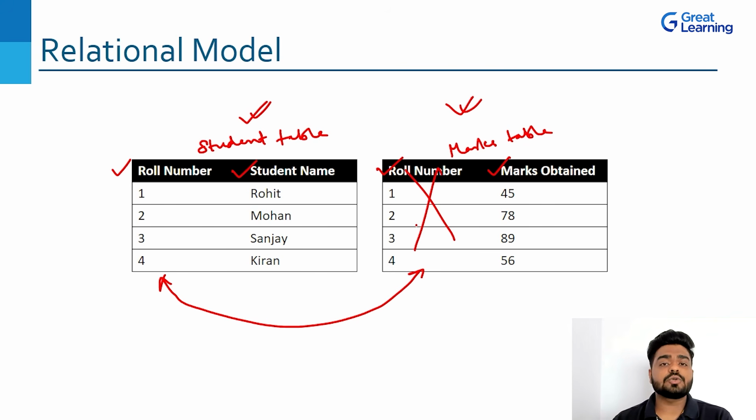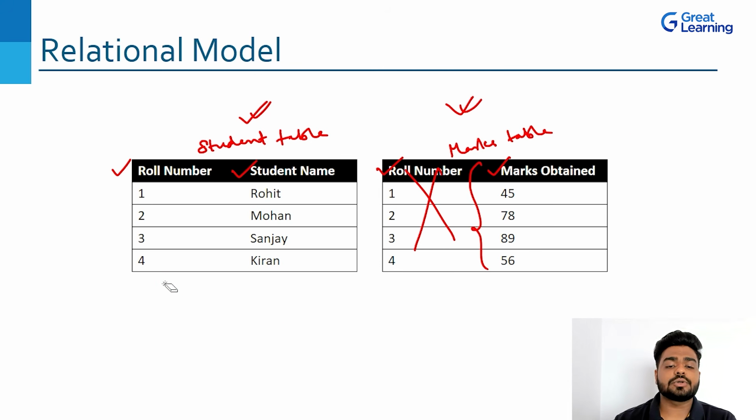Will you be able to tell how much Rohit has scored, or how much Mohan or Sanjay or Kiran has scored? No, right? We won't be able to tell, because marks obtained then will not be assigned to any roll number. Correct? So this is my problem here.